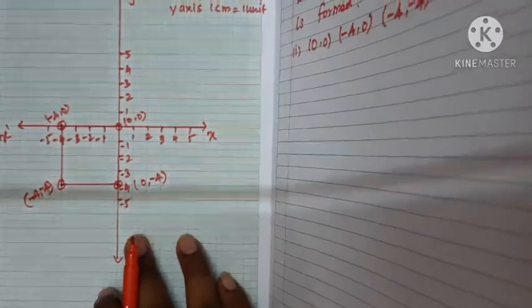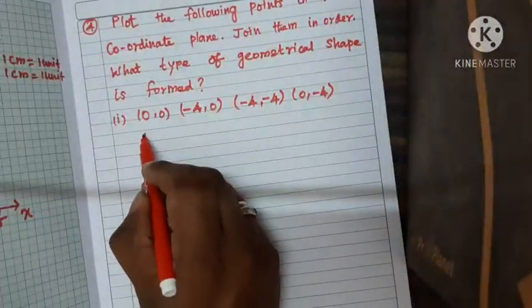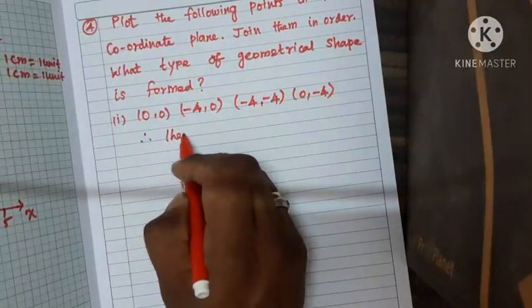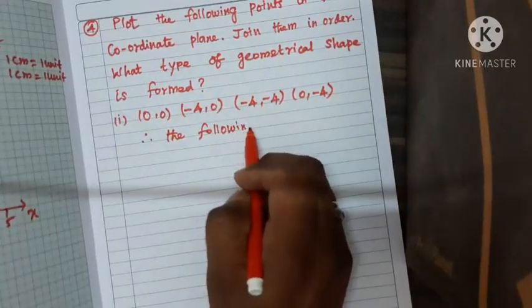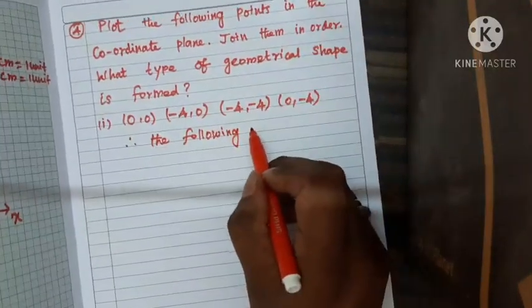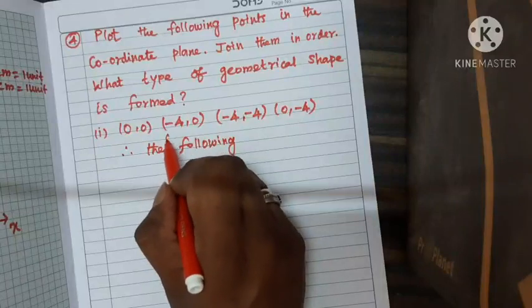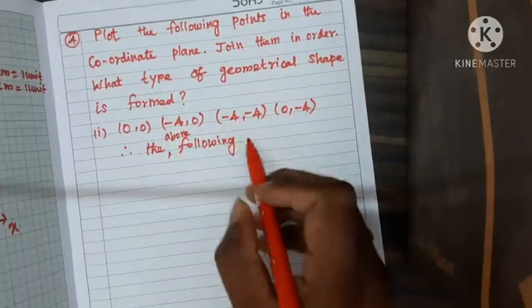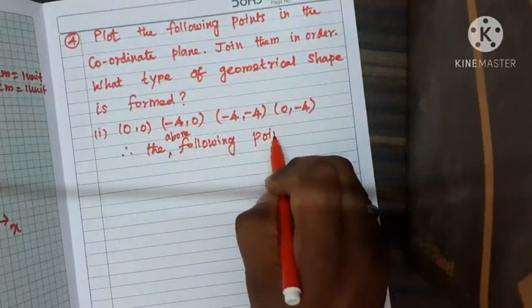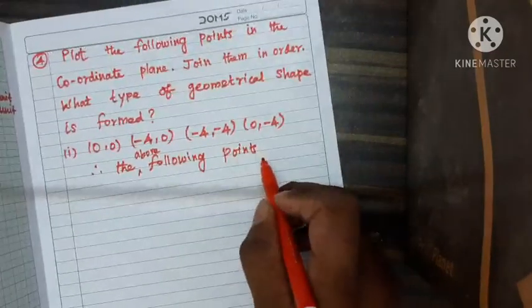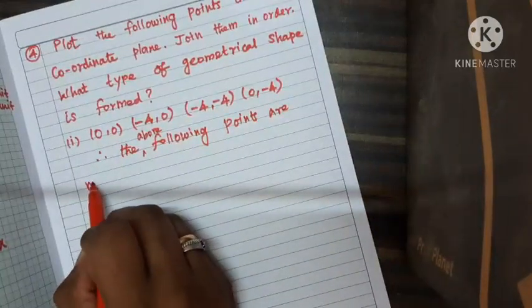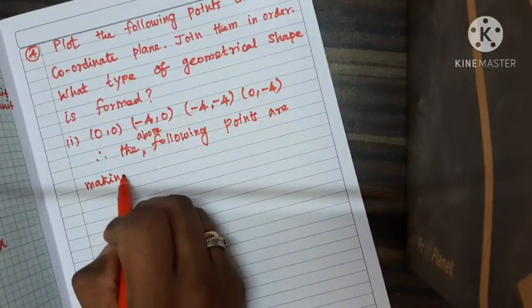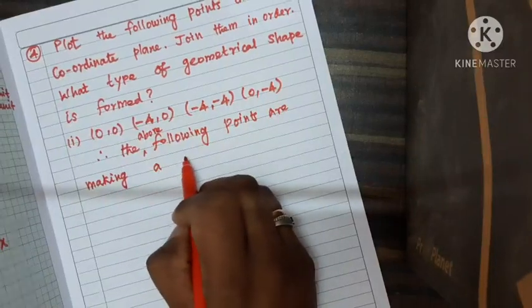All the sides are equal means what is the shape name? Square. Okay. Now you have to write, therefore, the above following points are making a square shape.